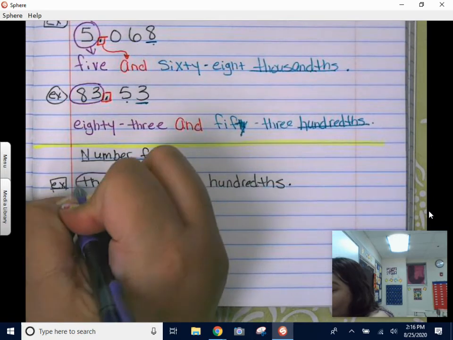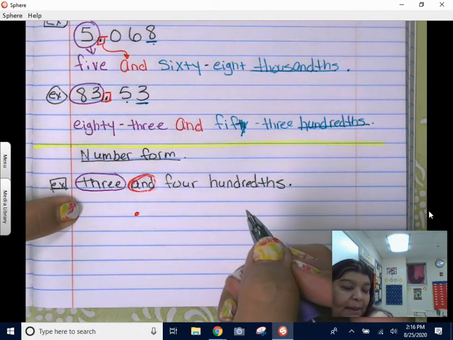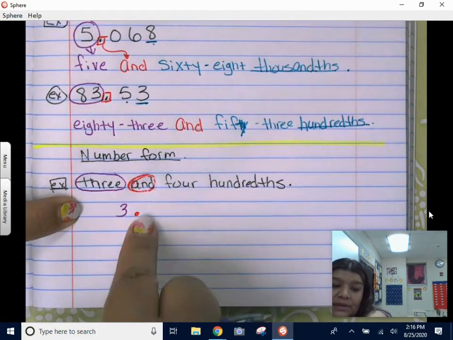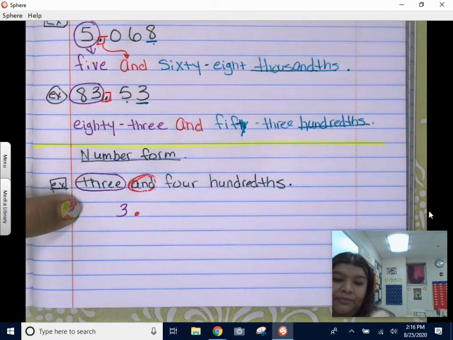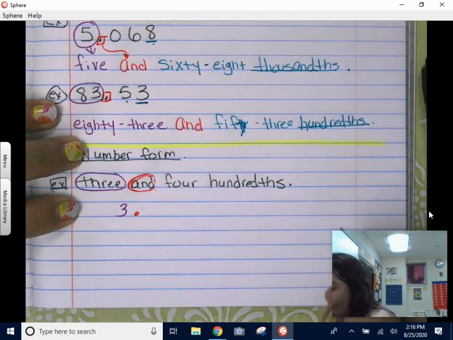And this number is 3. Okay, so how do you write the number 3? It's just the number 3 because we have 3 ones, so it's just the number 3. Okay, now here's the tricky part. It's the lovely decimals. Okay, we like decimals because they deal with money. I like decimals.